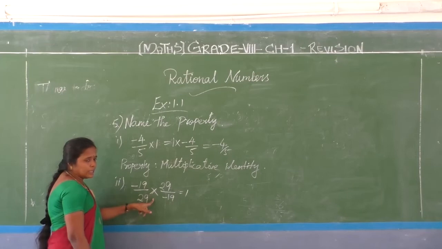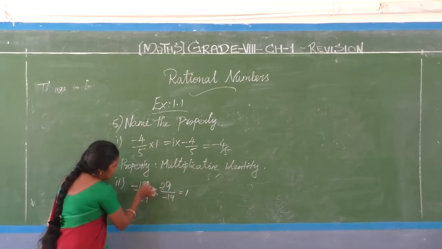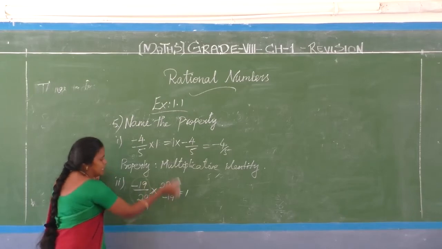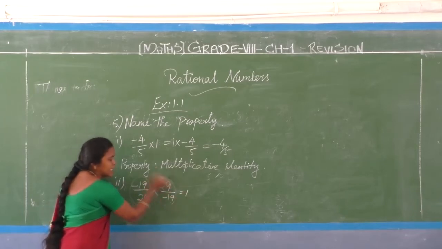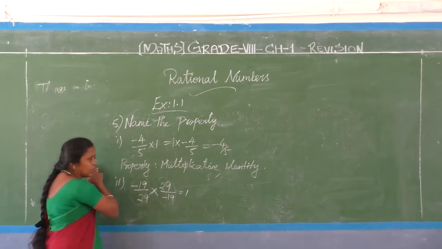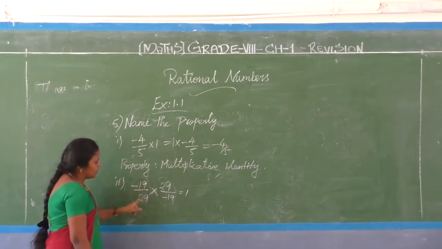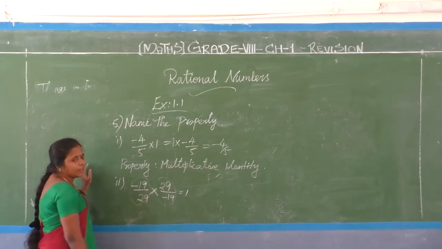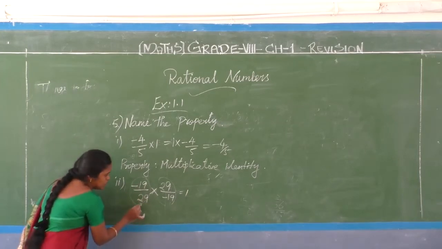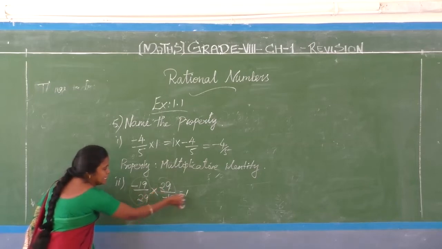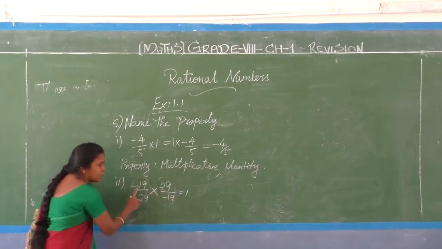Where have we seen this property? The reciprocal type. If you multiply any rational number by its reciprocal, you will get the answer 1. So which property is used? The multiplicative inverse. A by B into B by A is equal to 1. That means the reciprocal property.